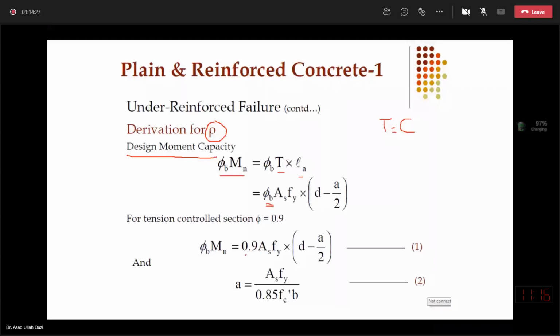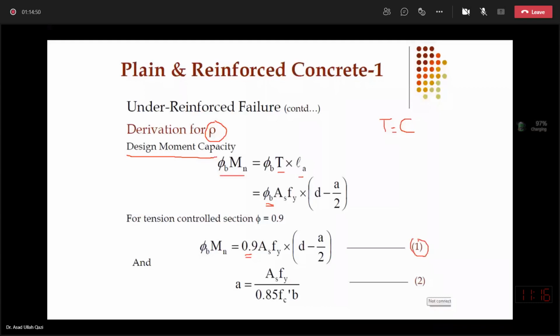So I am replacing phi with 0.9, and in this way I can get equation 1 from the moment equation, which is T into lever arm.